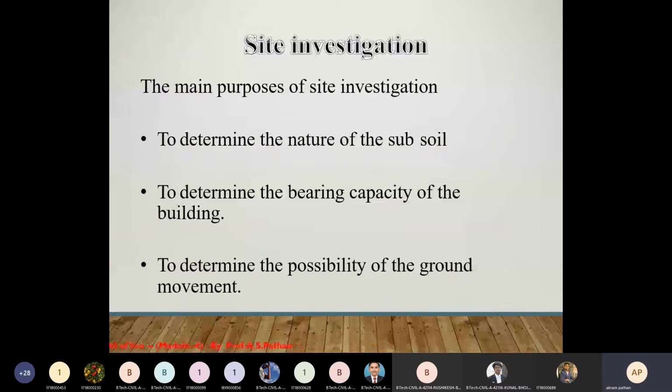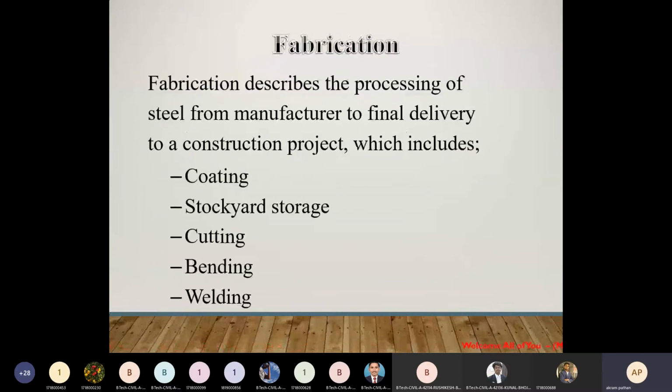Then after that, as per your design, we are going to fabricate all the steel members in the factory itself. So fabrication describes the processing of the steel from manufacturing to the final delivery to a construction project. The fabrication includes coating, the surface coating of the steel members, then stock yard storage.